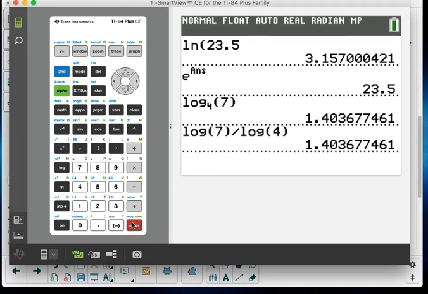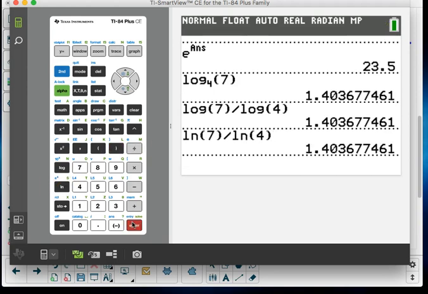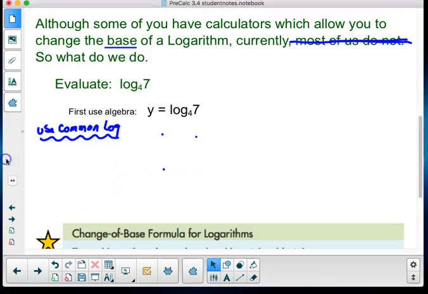And I could hit enter. Wow, that's the same answer. What if I did the natural log of 7 divided by the natural log of 4? I got 3 ways to do the same answer. Just make sure you don't mix stuff around. So that's what's going on with these. That's how I got this stuff.